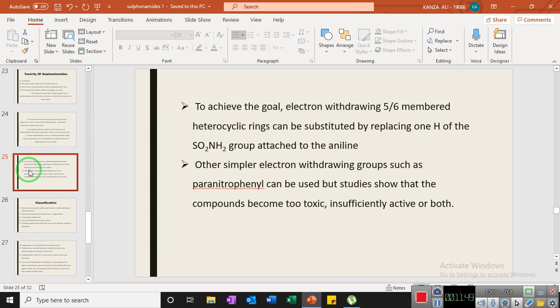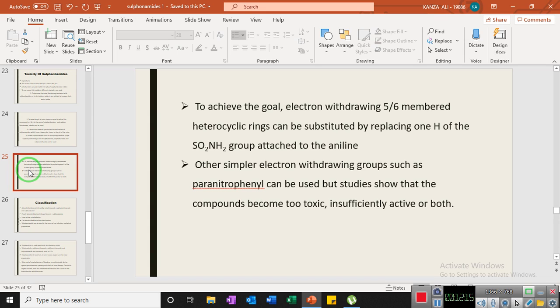Why are we only introducing the aromatic rings or heterocyclic rings, maybe 5-membered or 6-membered? Whether we can use the other electron withdrawing groups? Yes, it can be possible. We can use the other groups.